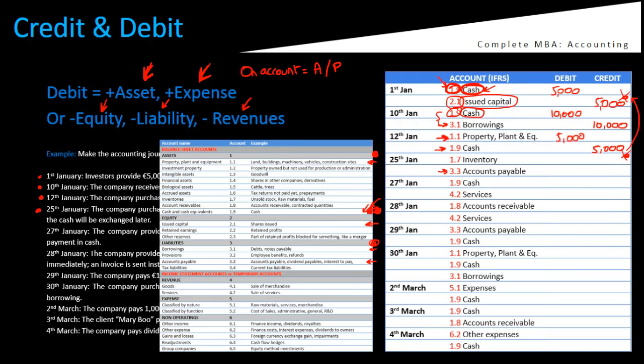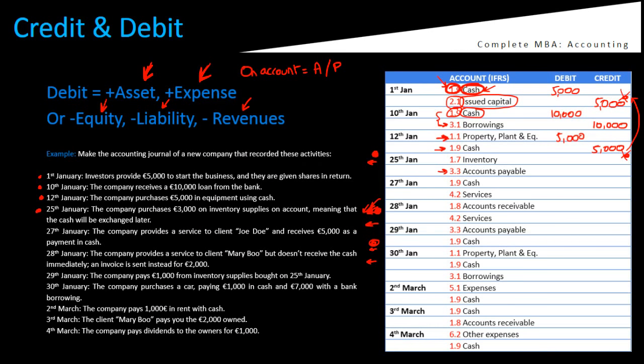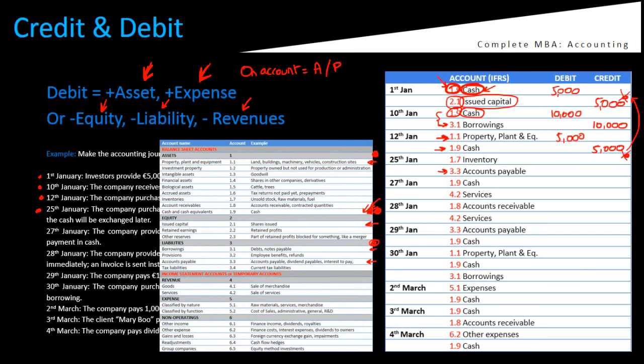The second account that is important to understand is the inventory. So you're using accounts payable to buy inventory. So the second account is inventory. Let's look for that. Inventory is here on 1.7. So you identify the second one, which is inventory, and now let's identify which one is the debit.